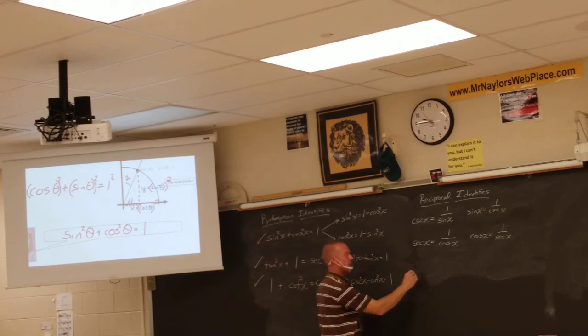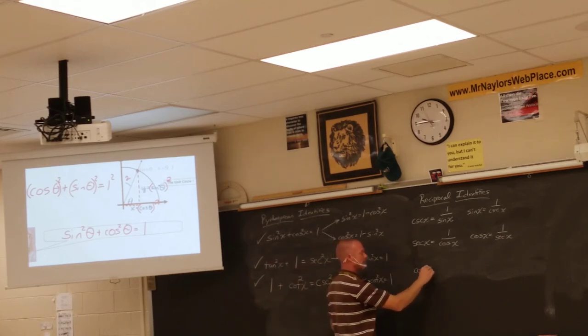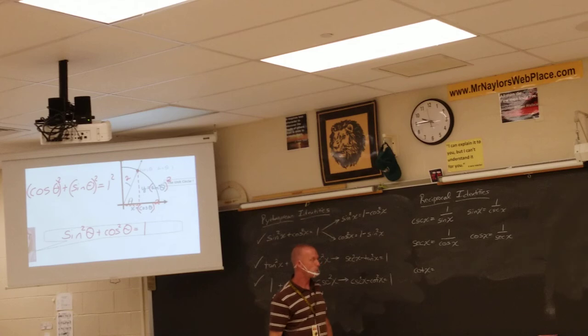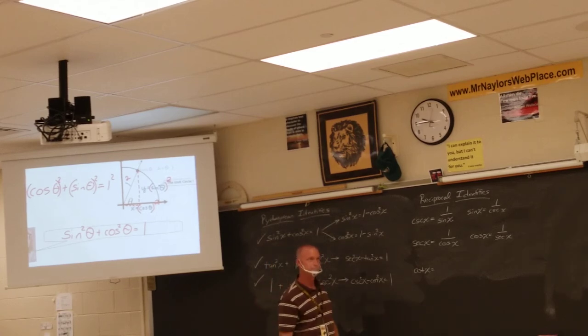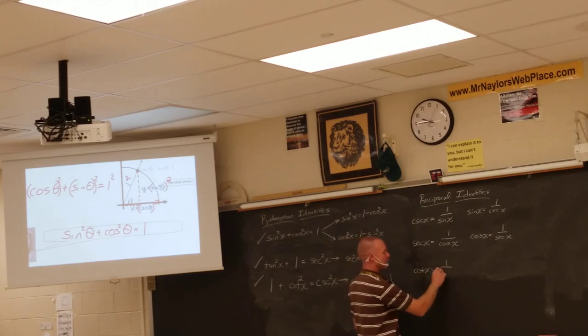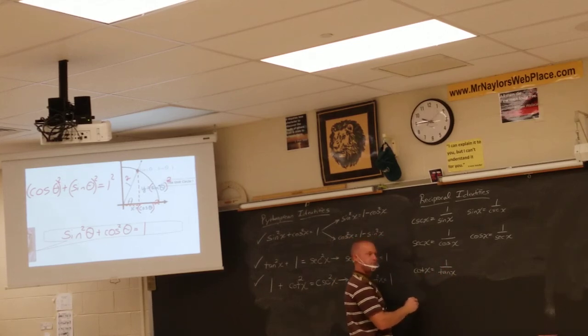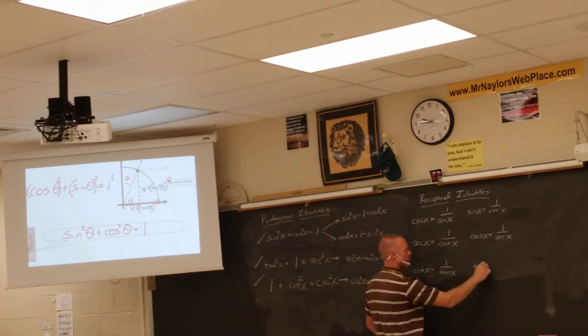And then, of course, there's the cotangent, which wraps up this group. That's going to be the reciprocal of tangent, so that's 1 over tangent. And then tangent is 1 over cotangent.